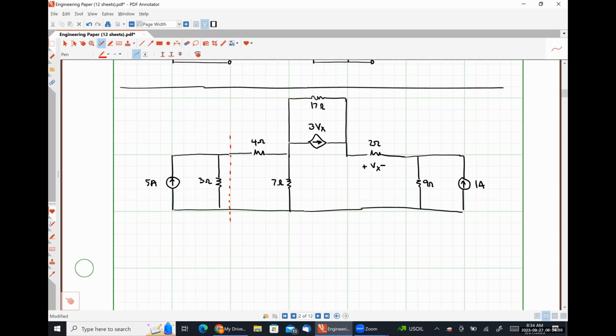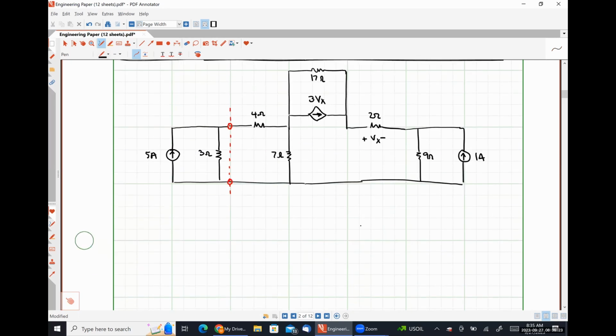And so what I like to do is I like to treat these as if I'm literally disconnecting this practical source, performing the transformation, and then reconnecting the practical source to the exact same terminals that I disconnected from, right? So I have a pair of terminals here and here that I'm going to disconnect everything to the left of, transform it, and then reconnect things.